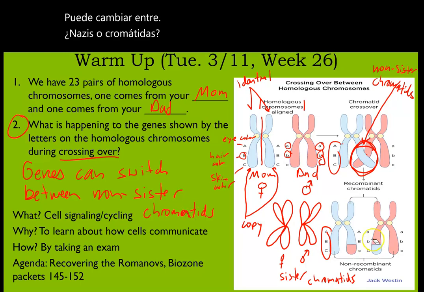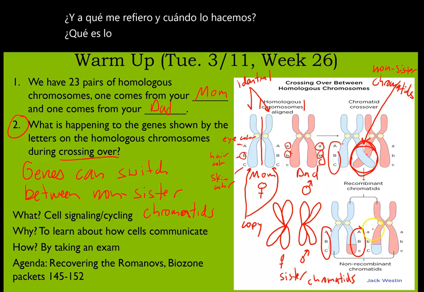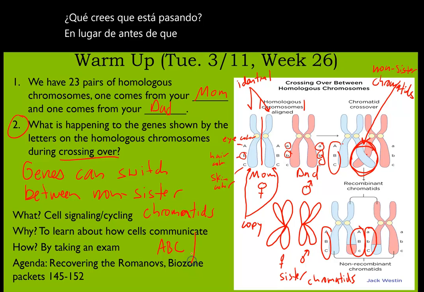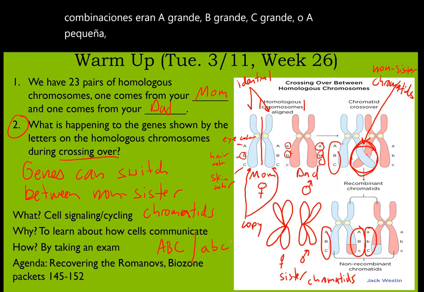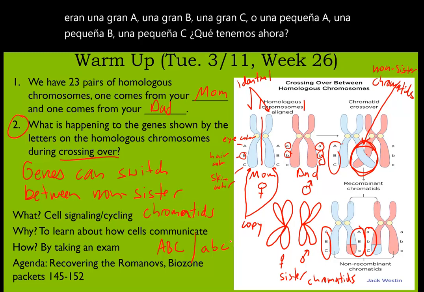And when we do that, what do you see happening? Instead of before, all the combinations were big A, big B, big C, or little a, little b, little c. What do we have now? Do we have new combinations?